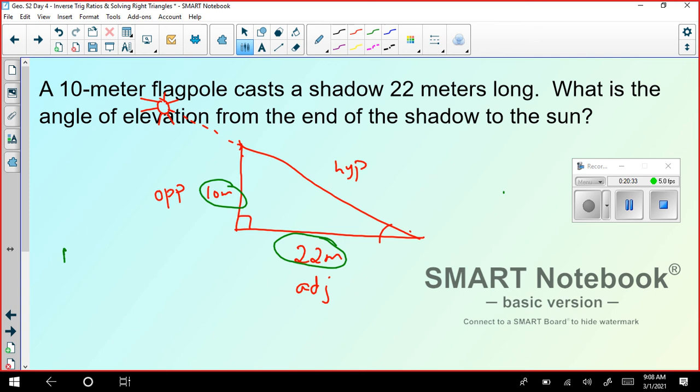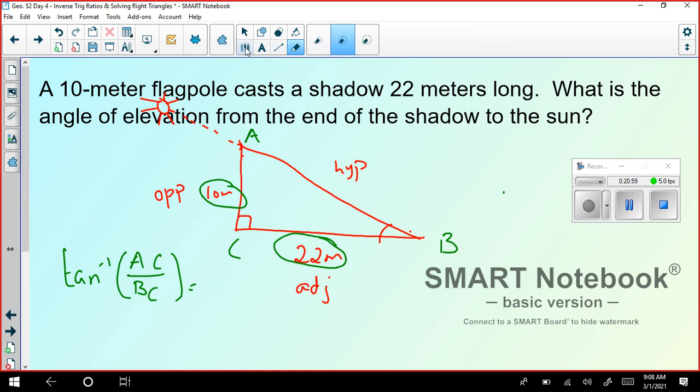Tan inverse. If I call this triangle ABC, tan inverse of AC, that is opposite, over adjacent BC will be equal to the measure of angle B. This is from inverse trigonometric functions.